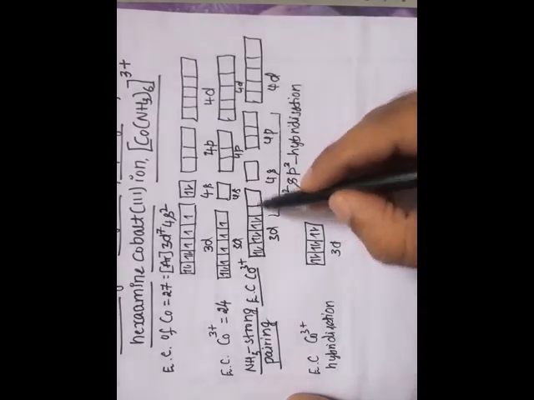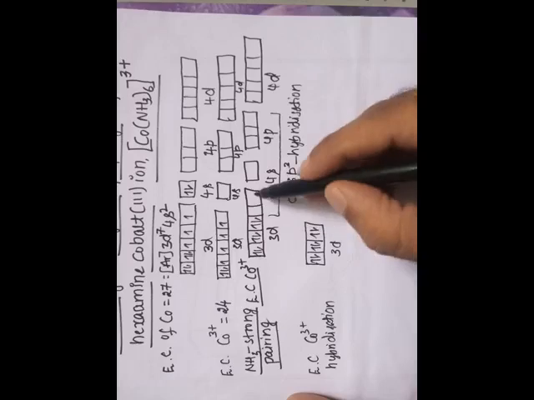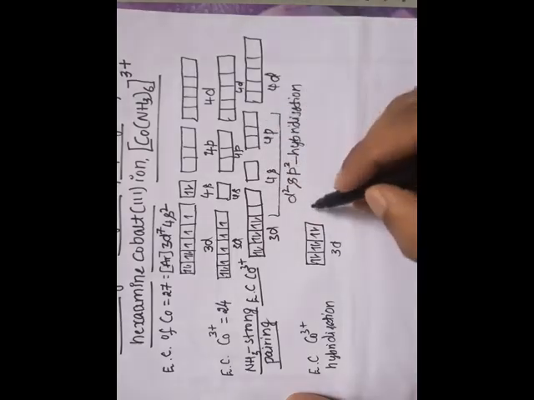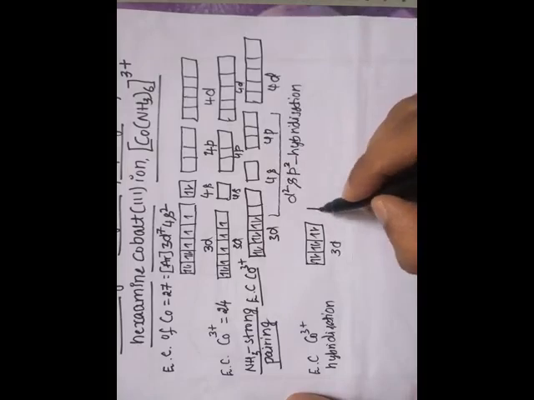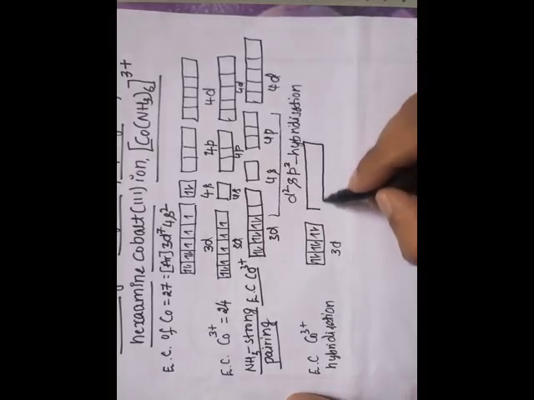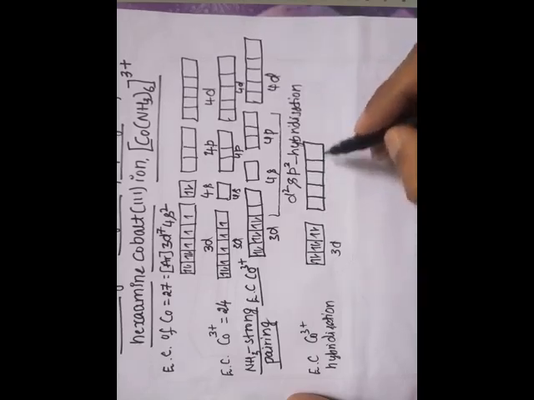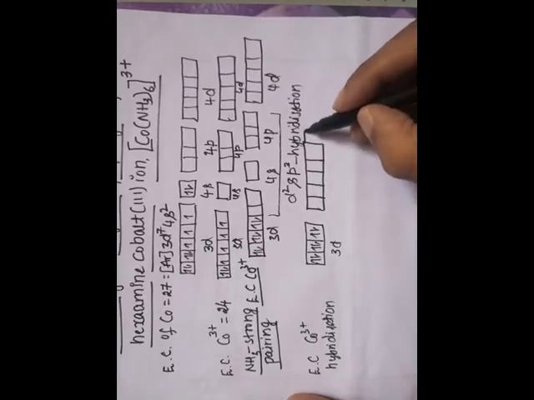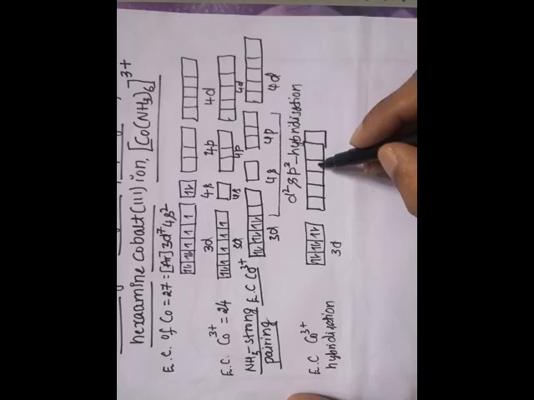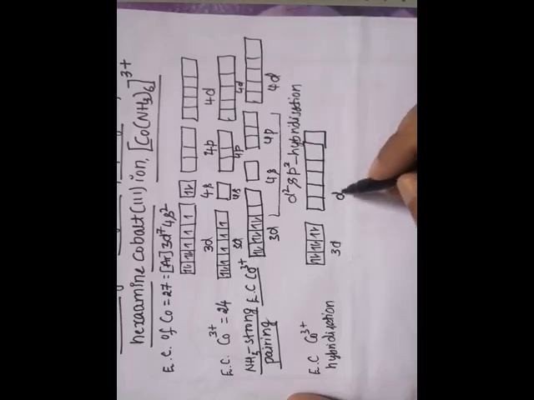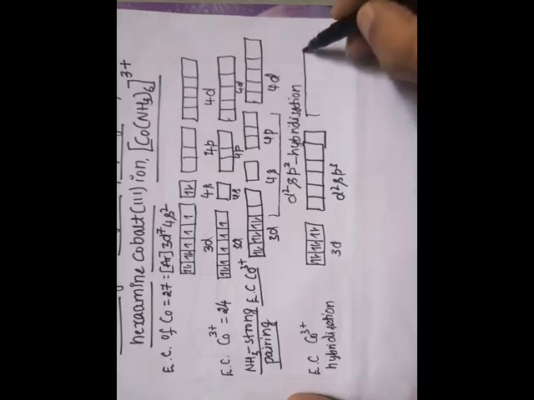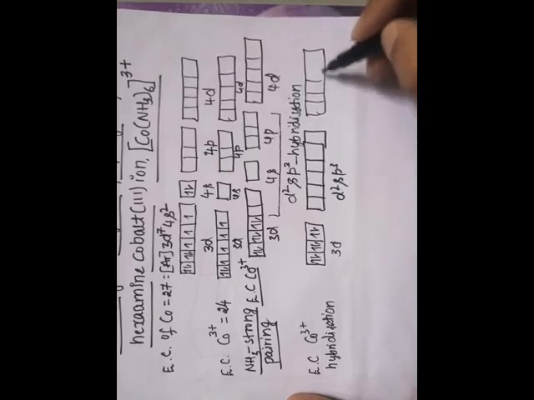These 2 involve in the hybridization: 2 d orbitals, 1 s orbital and 3 p orbitals. Therefore we get 6 hybrid orbitals: 1, 2, 3, 4, 5, 6. These are the d2sp3 hybrid orbitals. And this is the empty 4d orbital.